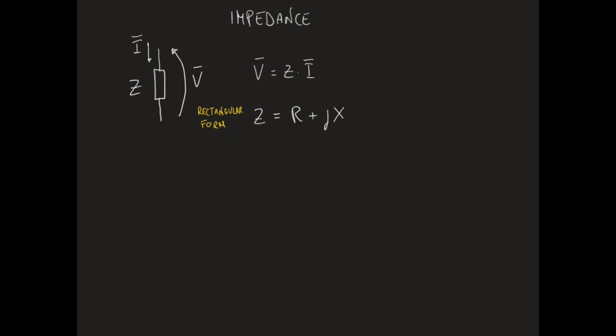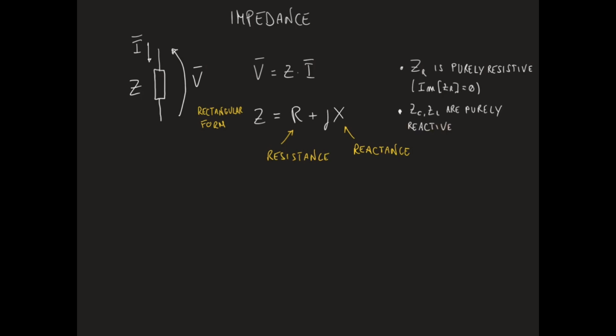In the case of the impedance, the real part R is called resistance, while the imaginary part X is called reactance. In the case of the resistor, the impedance is said to be purely resistive because the imaginary part is zero. For capacitors and inductors, the impedance is said to be purely reactive because the real part in that case is zero.